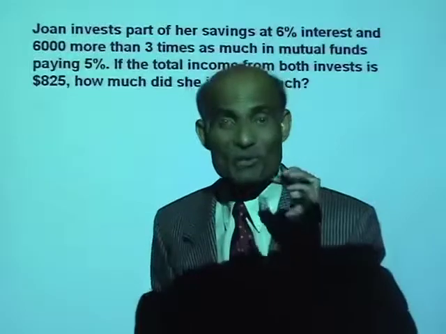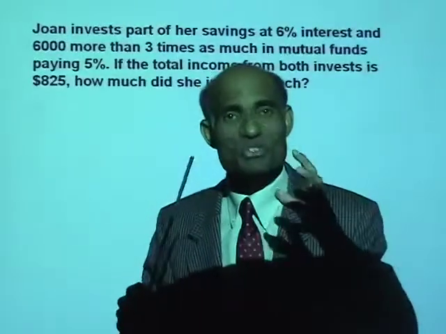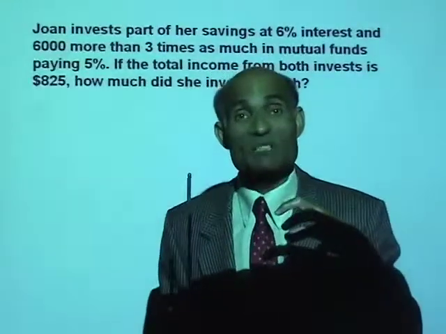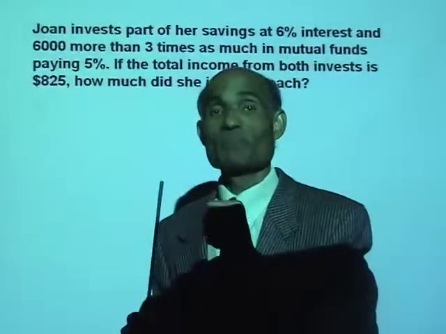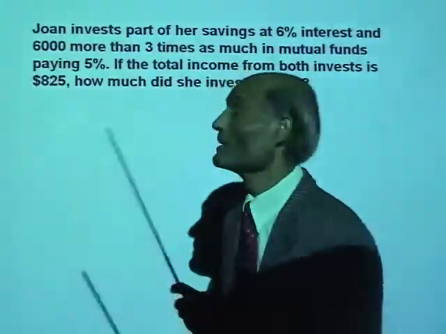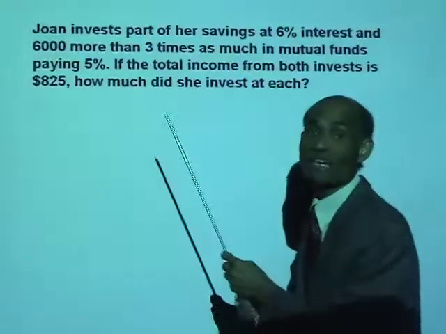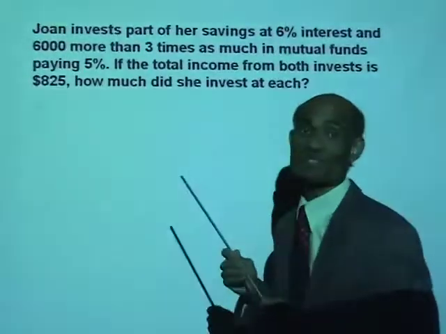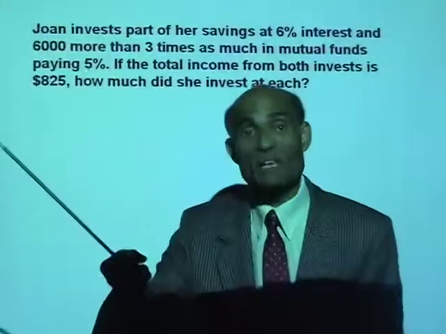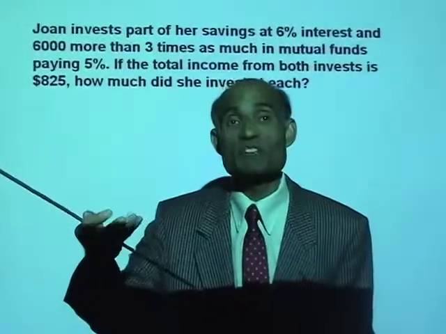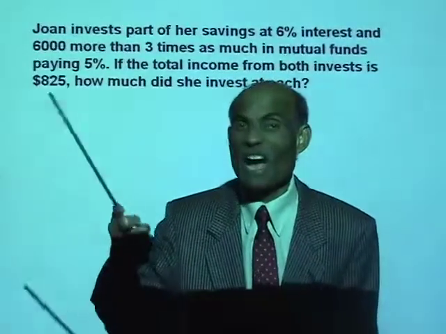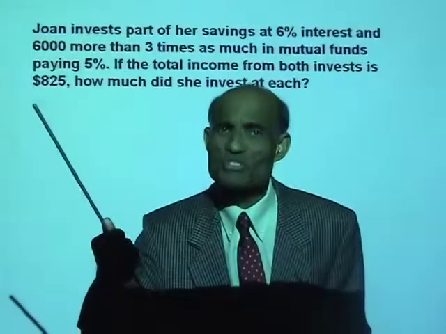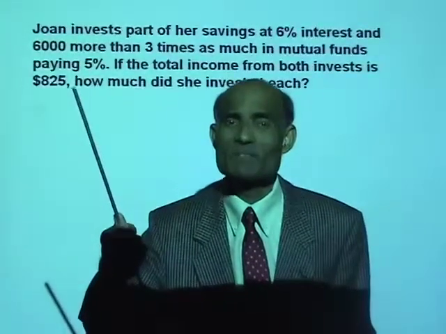Okay, now read the problem and see whether you can understand it. Joan has made 2 investments. One is she invested some amount at 6% interest. The second investment is an investment in a mutual fund. Now, how much did she invest in the second investment?